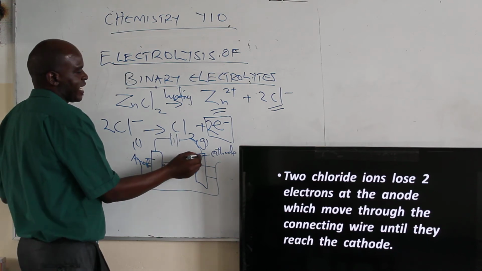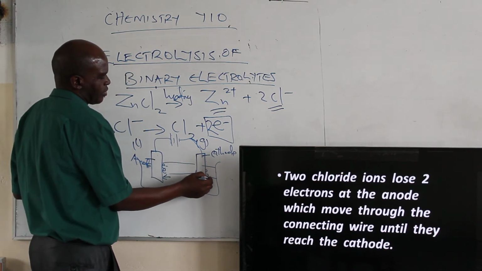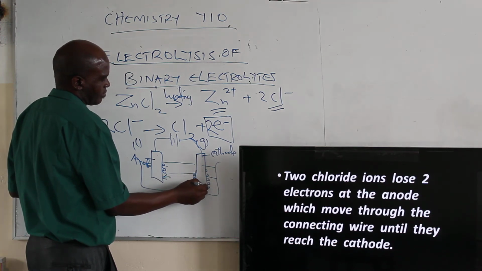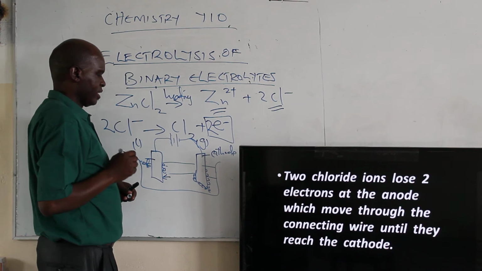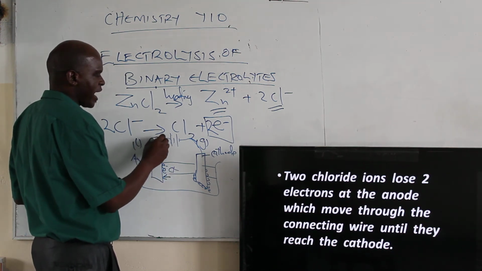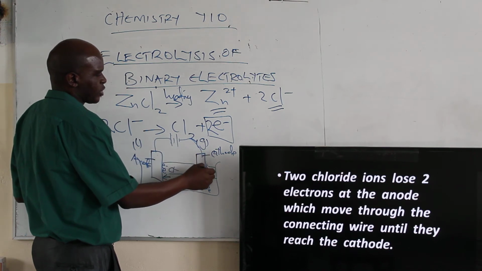The moment they hit the cathode, they accumulate around the cathode. So we shall have electrons accumulating around the cathode, because they were given up by the chloride ions, flowed through the connecting wire, and have reached the cathode.